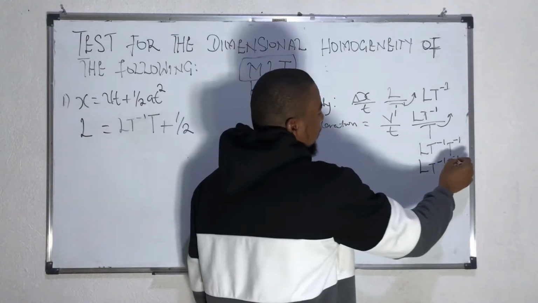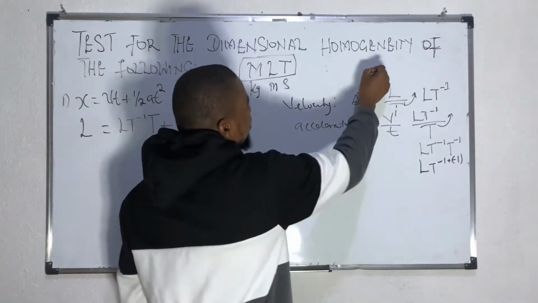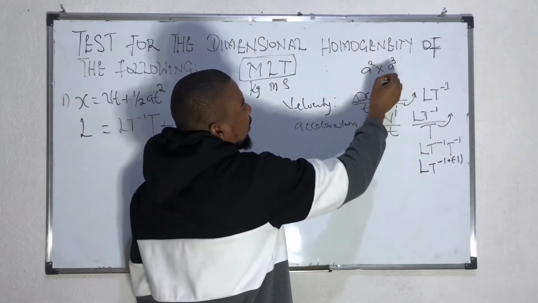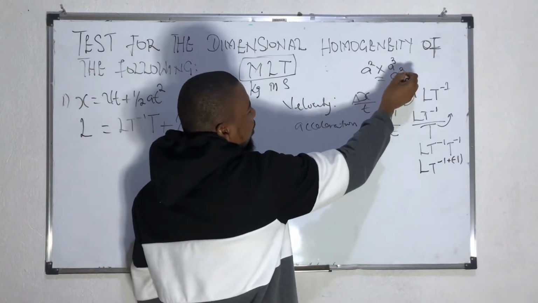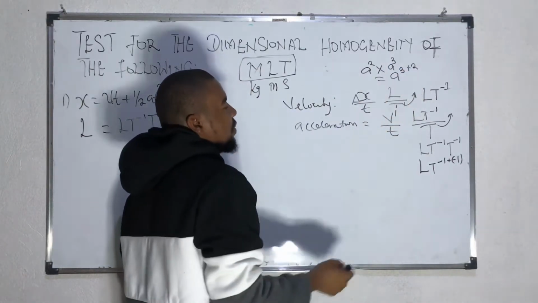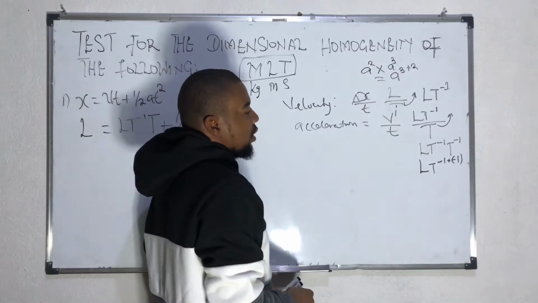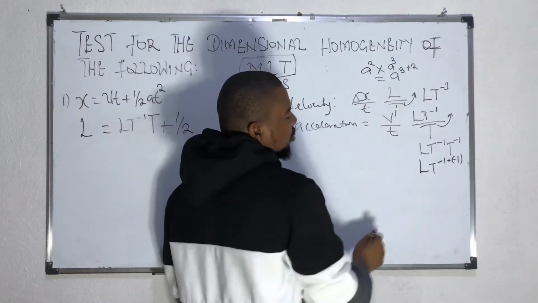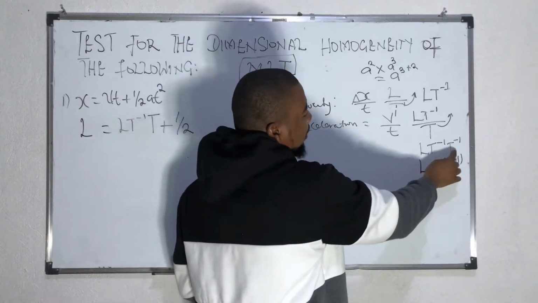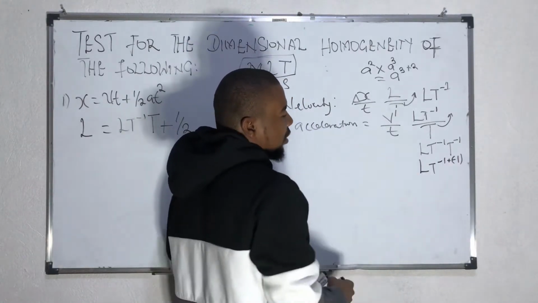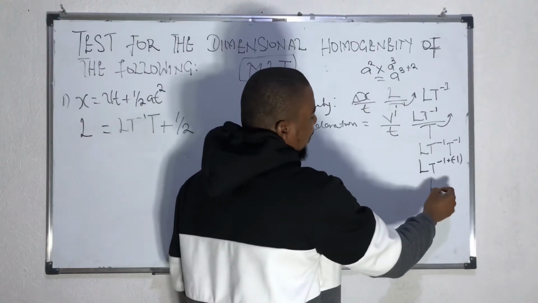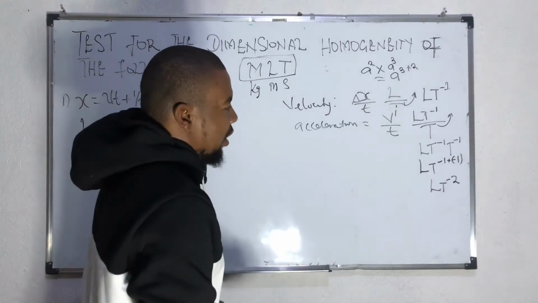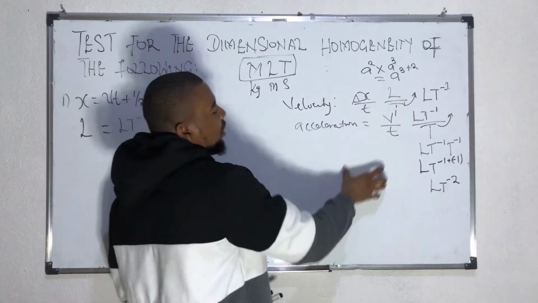If the bases are the same, for example a squared times a cubed, this is equal to a to the power 3 plus 2 or 2 plus 3, whichever way you want. Addition is commutative, so the order doesn't matter. So if the bases are the same, simply add their powers. That's the same concept we're going to apply here. Since the bases are the same for the T and the T, and we have a negative 1 plus a negative 1, this gives you L T to the power negative 2. This now becomes the dimension for acceleration. Remember that we got it from its definition.